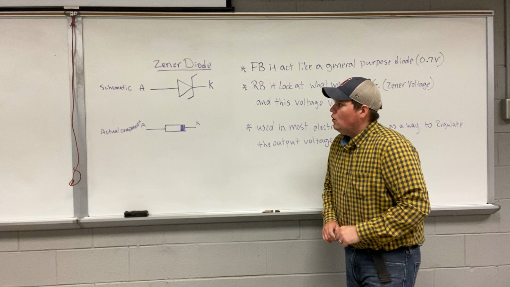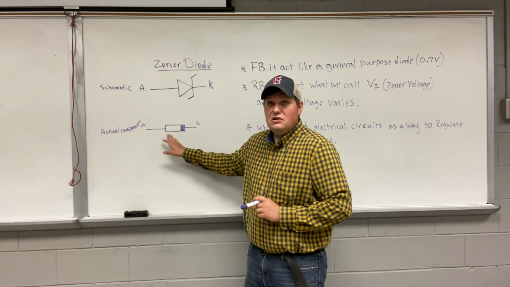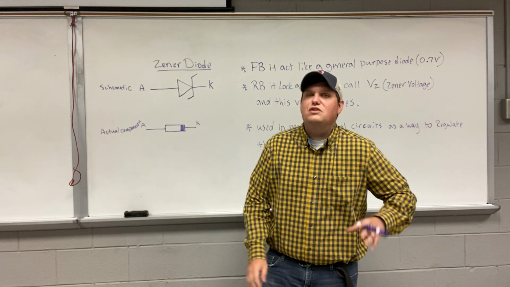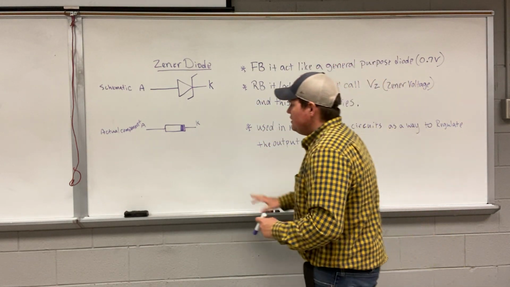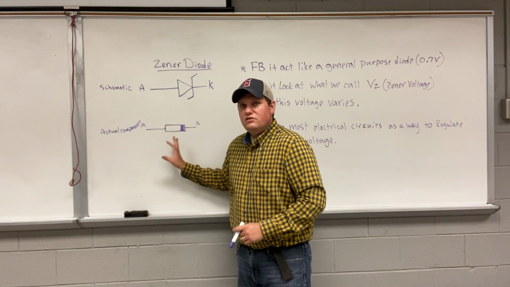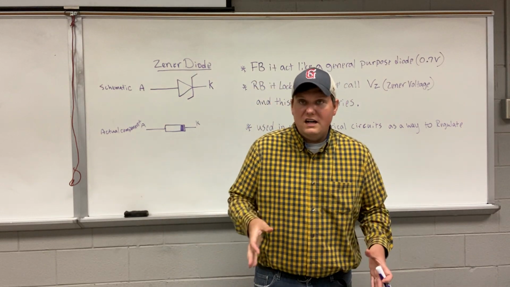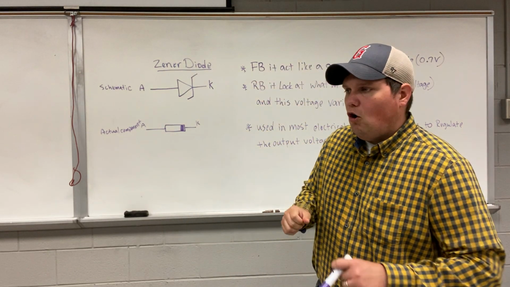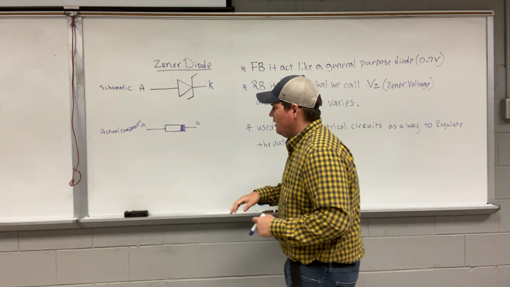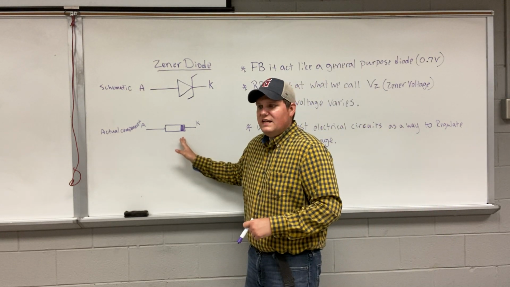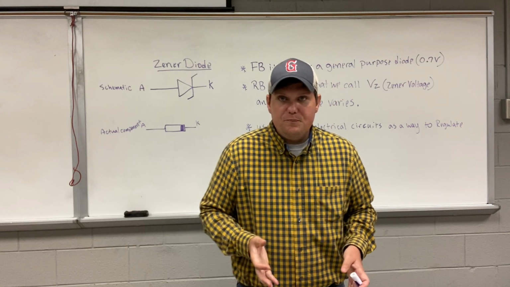Okay? So the actual component, here's my horrible drawing, but I'll actually show this to you once you get into class. Mostly your Zeners are going to be red colored and almost transparent, kind of a red transparent, and at one end of it is going to have a black stripe.